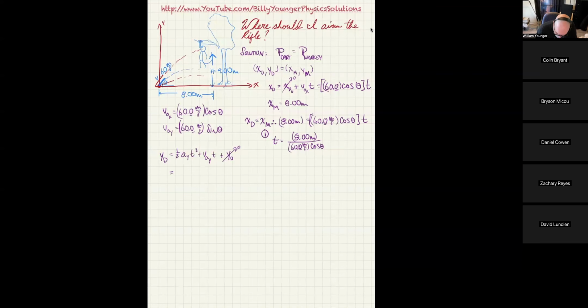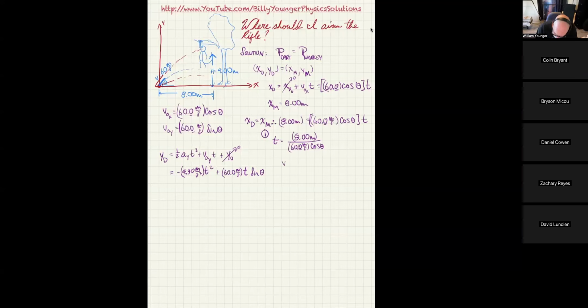And I can go ahead and say this is going to be negative 4.90 meters per second squared times t squared plus 60.0 meters per second. I'm going to write it a little differently than I did last time. I'm going to put the t between the velocity and the trig function, and then the 60 is going to be multiplied by the sine of theta. So that's the y position of the dart at any particular time.